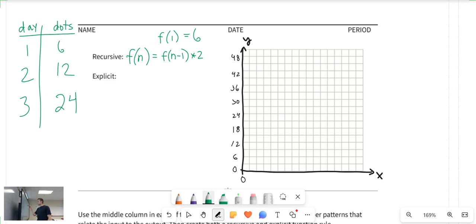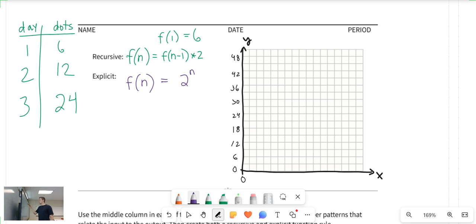All right, and our explicit now, we're going to have our same thing, right? If our recursive said it just doubles the previous one, then we should probably have the same general thing going on, where f of n equals 2 to the n. There should be 2 to the n here. But if we have 2 to the 1, that should just be 2, but we need it to be 6, so it should be 3 times as big.